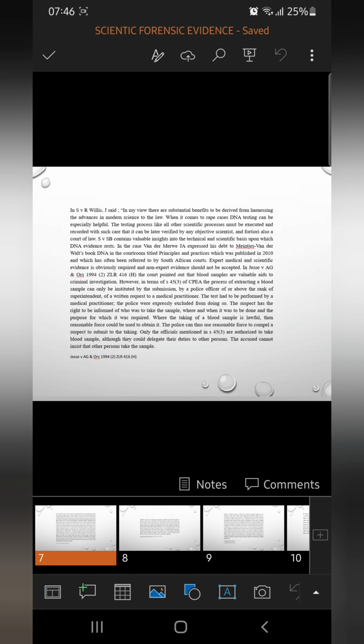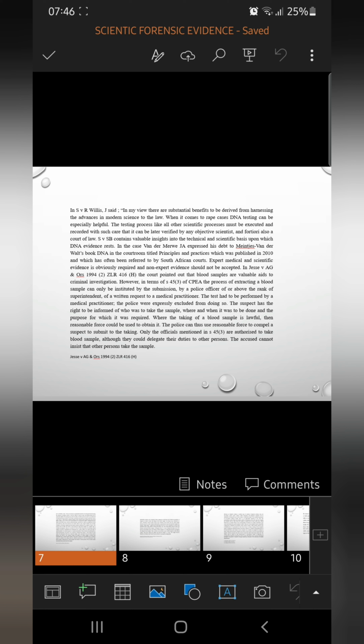In the case of Van der Merwe, J expressed his debt to the Mendelis Van der Waart book, Evidence in the Courtroom: Tested Principles and Practices, which was published in 2010 and which has often been referred to by South African courts. Expert medical and scientific evidence is obviously required, and non-expert evidence should not be accepted.